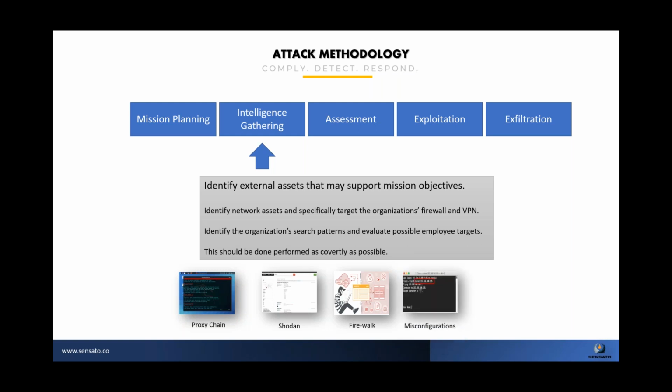We're going to look for misconfigurations. That's going to be a big part of this piece of our intelligence gathering: are there misconfigurations? Are there things that are exposing private IP address spaces or private IPs or host names within your environment? We talked about this early on as well: okay, how do we get inside your network if your firewall really is locked down and your VPN's good to go? Is there something else?